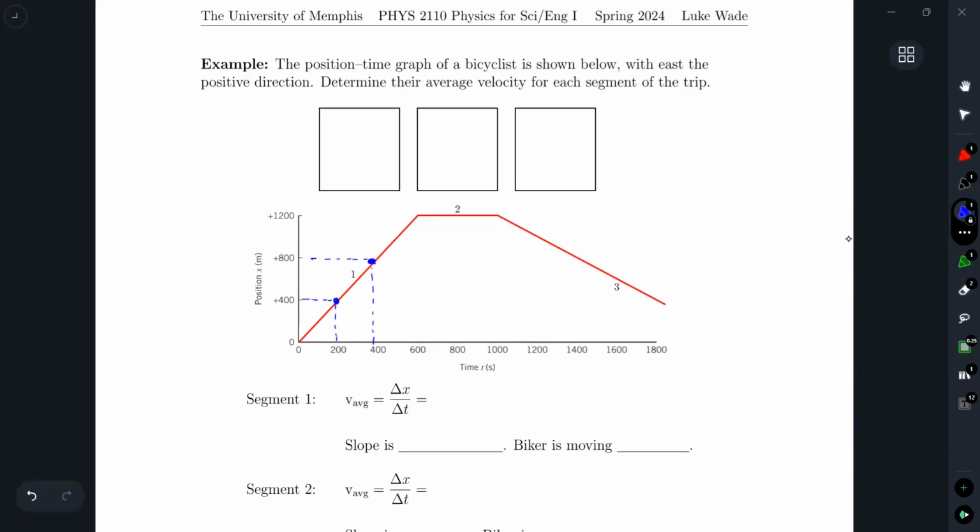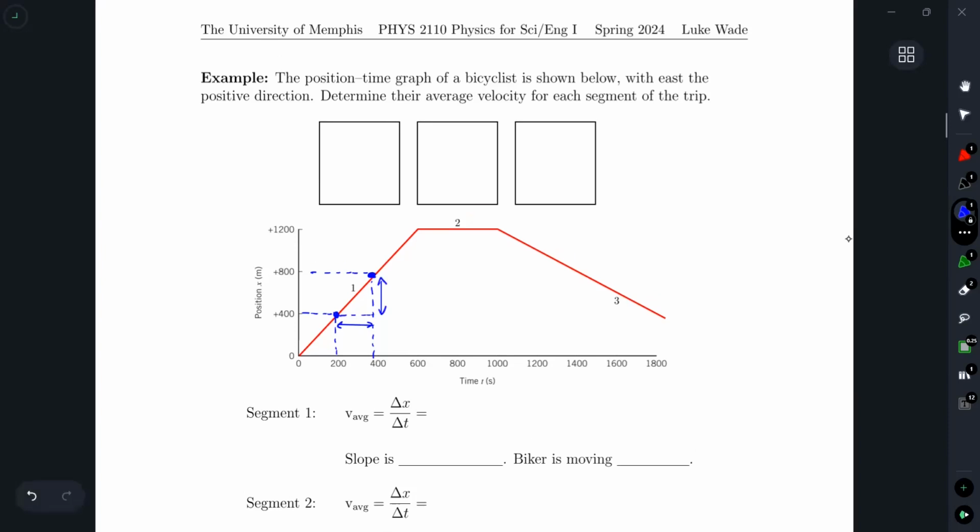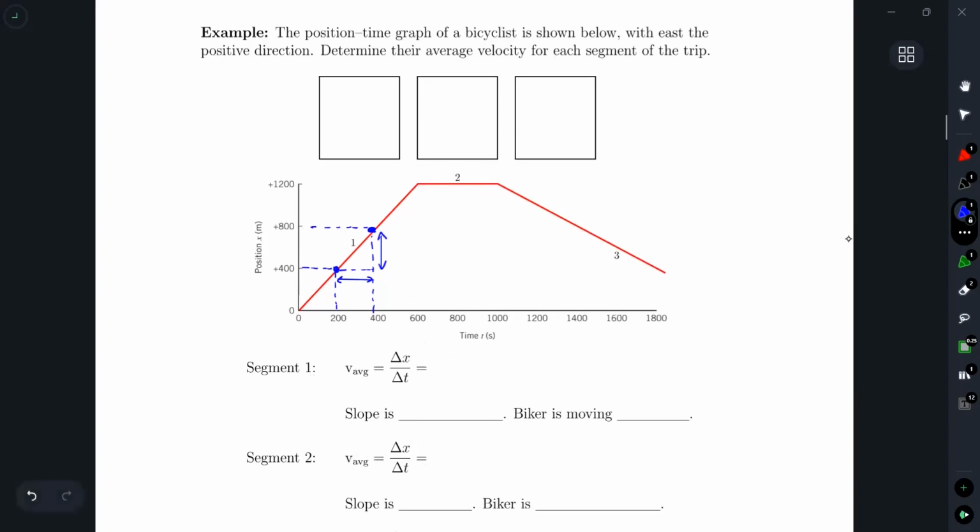And so I'm just finding this horizontal change and this vertical change. The horizontal is the change in time, the vertical is the change in position. And that should give me the slope between those 2 points, which is average velocity. So what did we get for that?